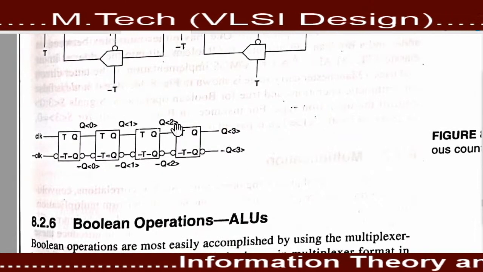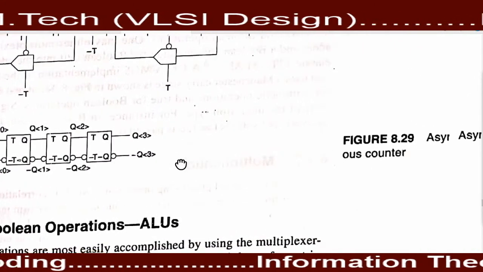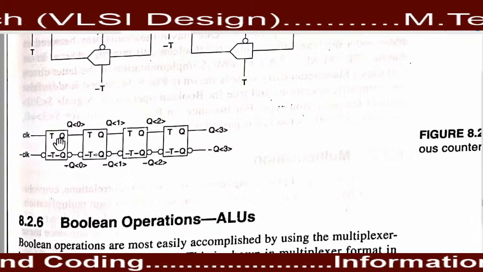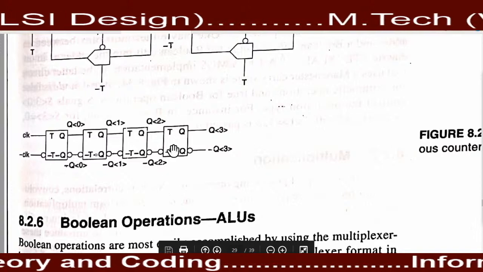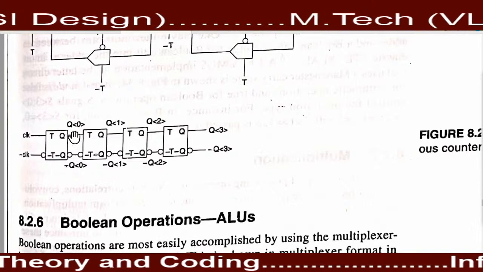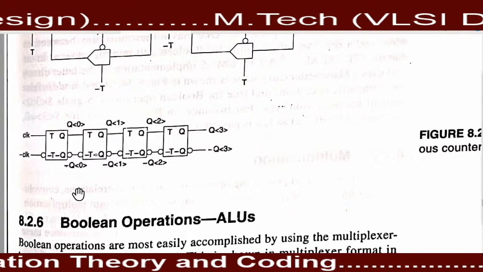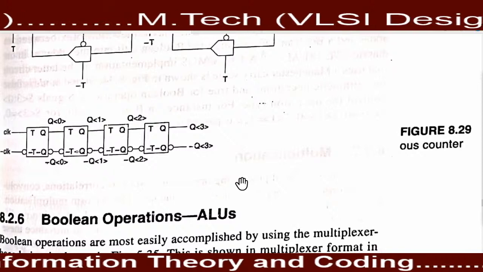Okay, the diagram in your Neil West book for the asynchronous counter is shown here. Here you can see the output of one flip-flop is provided as the input of the second flip-flop. That's why this type of counter is known as an asynchronous counter.